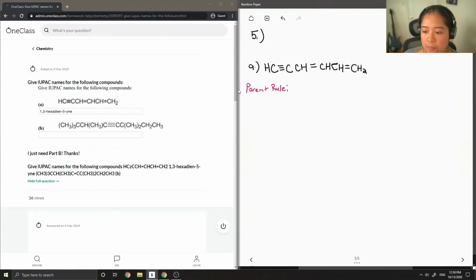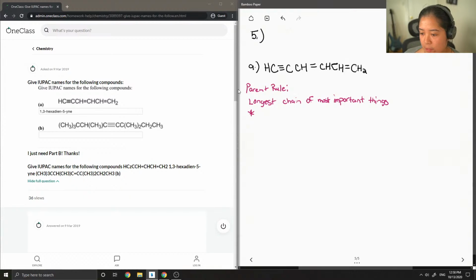So basically what the parent rule states is that the longest chain of most important things will be your parent.